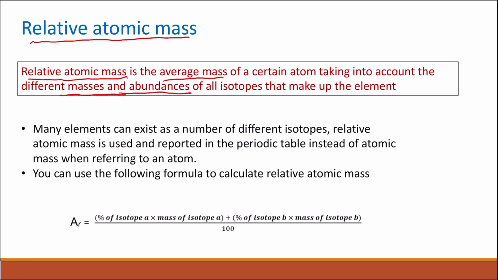So how can we calculate the relative atomic mass? We can calculate it using this equation. Relative atomic mass, which we refer to as Ar, equals the percentage of isotope A, if we are considering that there are two isotopes for the same element, isotope A and isotope B, times the mass of that isotope, plus the percentage of isotope B times the mass of isotope B, divided by 100.